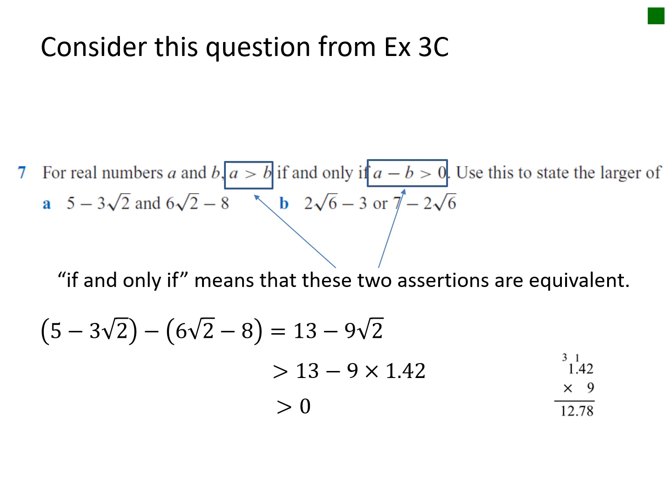Well, that in itself is going to be a positive value. 13 minus 12.78 is strictly bigger than 0. Which leads us to the conclusion that our initial statement was strictly bigger than 0. Therefore, we can show that 5 minus 3 root 2 is in fact a bigger number than 6 root 2 minus 8.